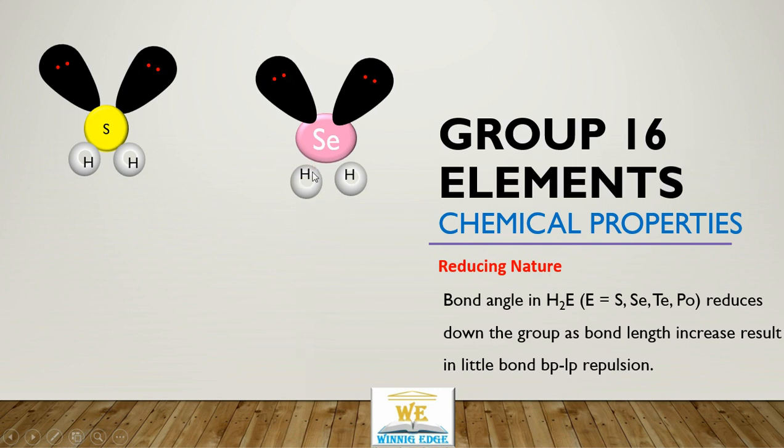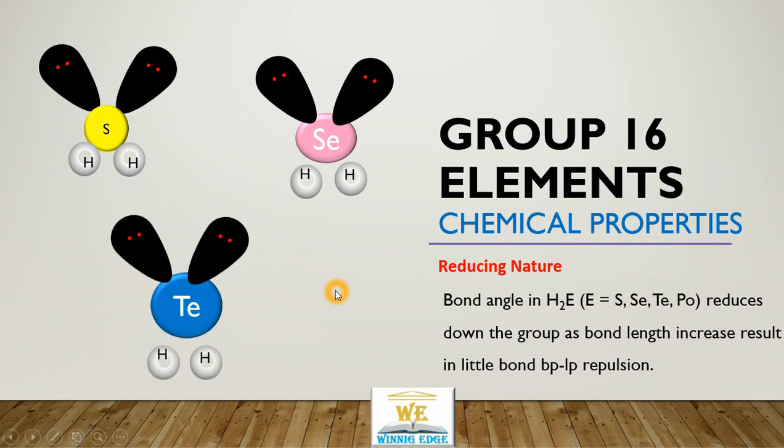Going further to tellurium, the bond pair will be further away from the group 16 atom. That is the reason they can afford to come closer still. The reduced bond pair repulsions are responsible for the reduced bond angle.